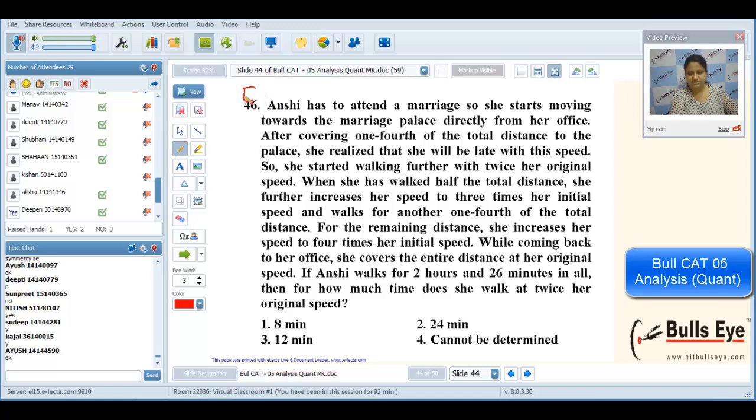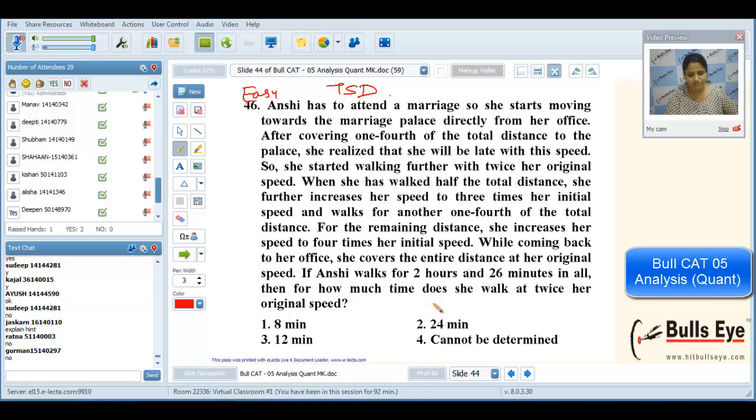This is an easy question. TSD, time speed distance, very easy. Yeah, any problem in this? Just Karan, see what was the thing. Whenever you go at double the speed, you will take half the time.